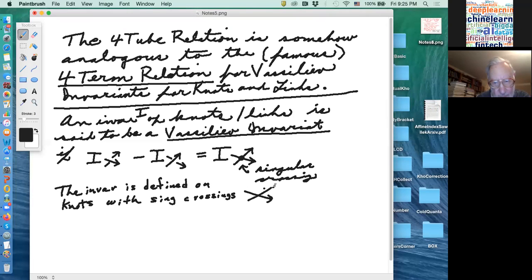So, for example, you could talk about the invariant of a trefoil knot with a singular crossing. Now, we've already met some singular crossings when we talked about the Montour bracket, and we could generalize virtual knot theory to include singular crossings. But singular crossings, these are graphical, not virtual.